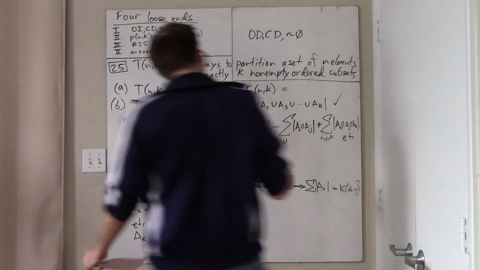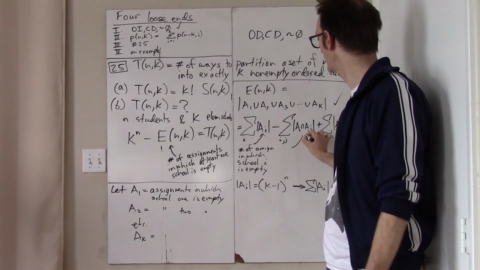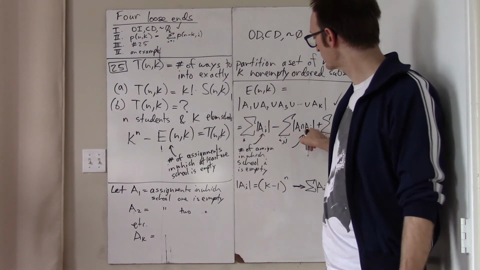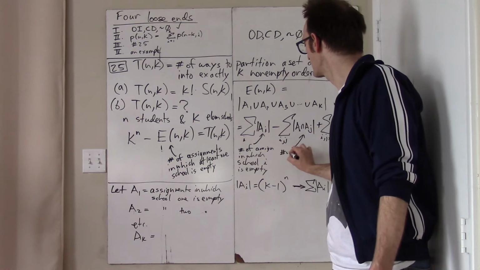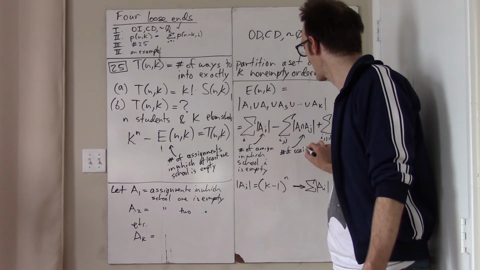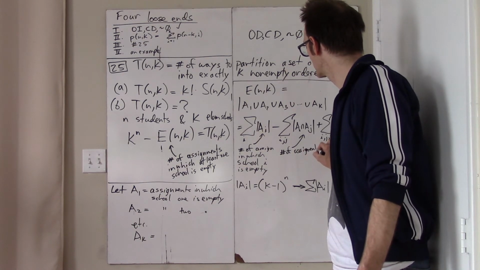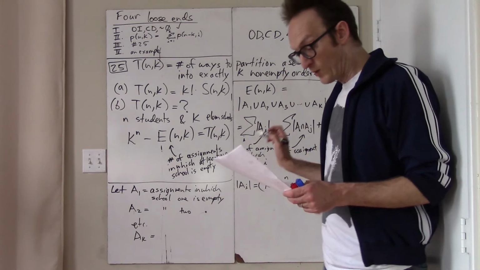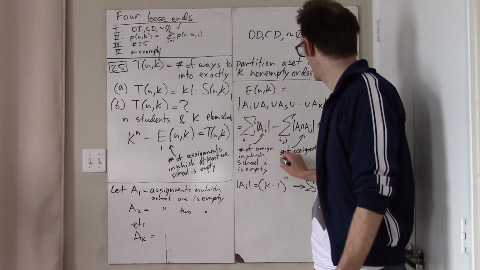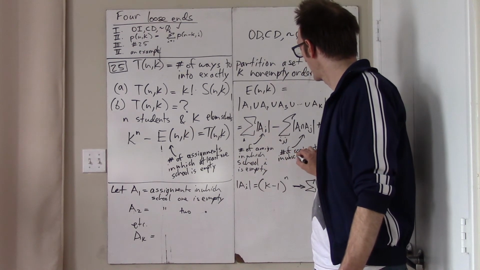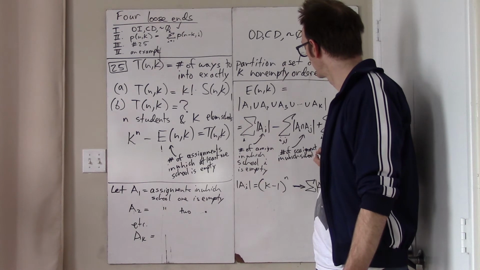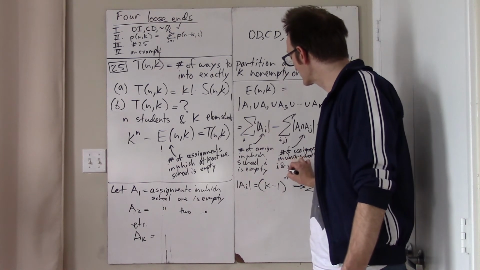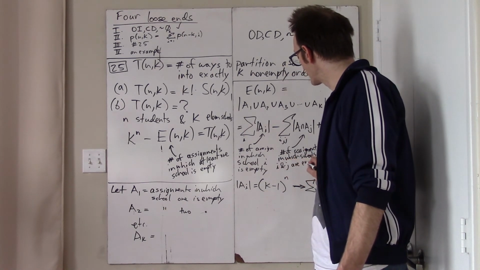Now, looking inside this A_i intersect A_j, this is the number of assignments in which schools i and j are empty.